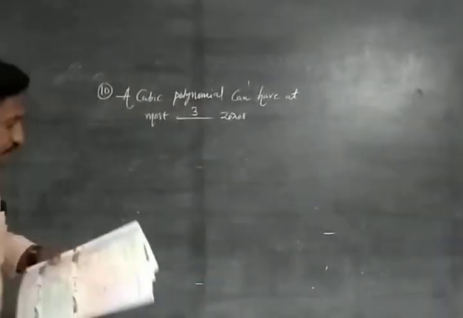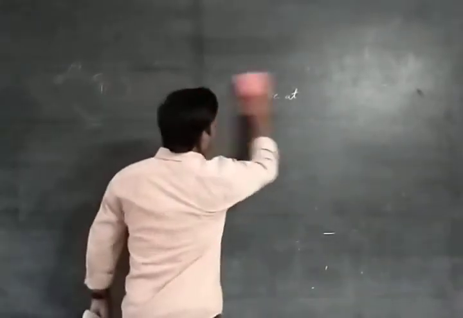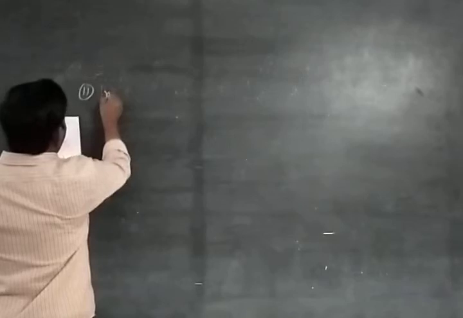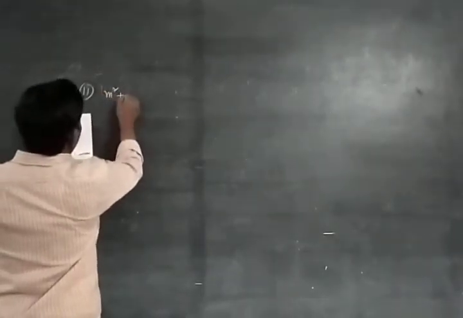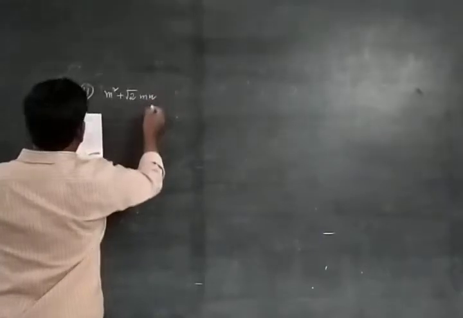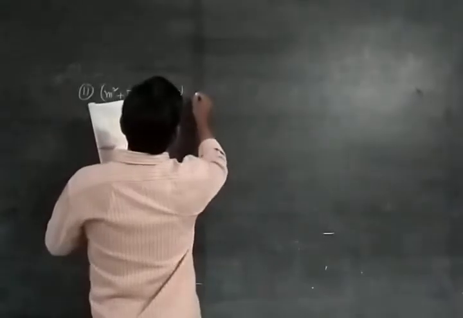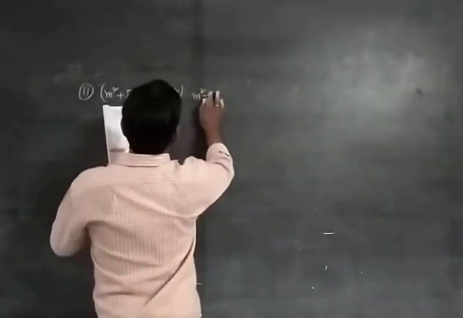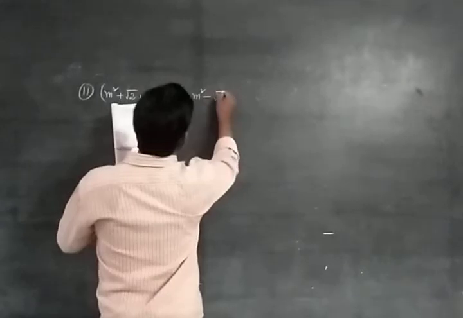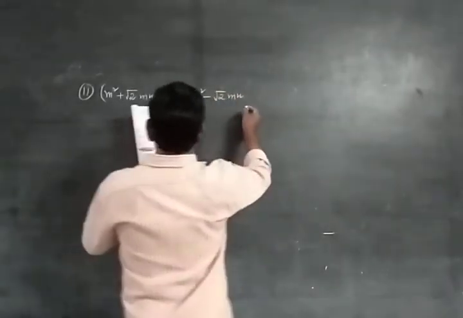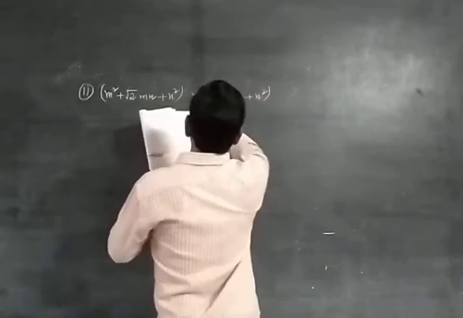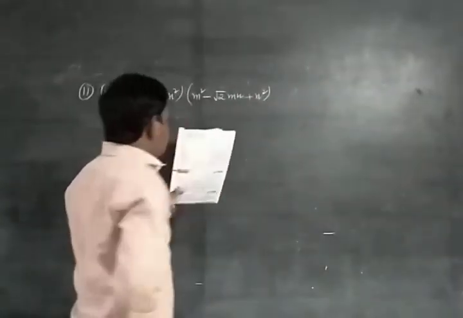Okay. Now the 11th one: m square plus root mn plus n square and m square minus root mn plus n square. Okay, it is simplified.